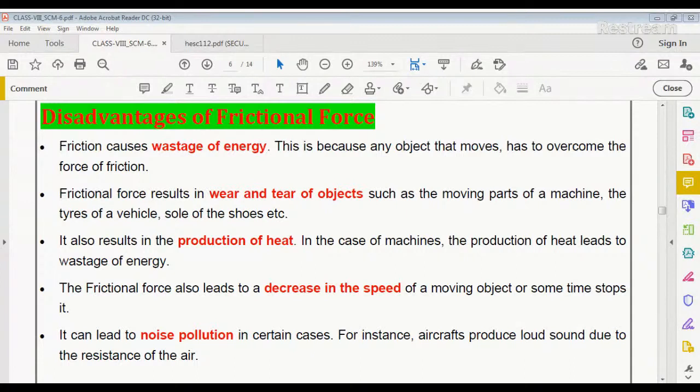These are the questions which will lead you to the answer of the disadvantages of frictional force, which is a necessary evil in our lives. We could not write with pen or pencil if there is no friction, right?